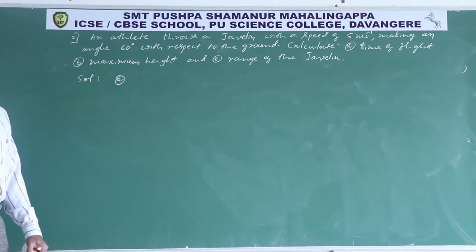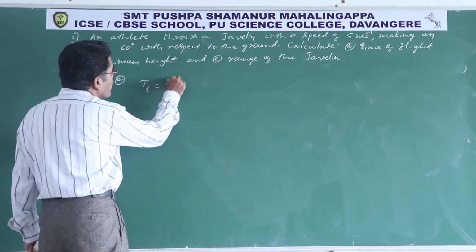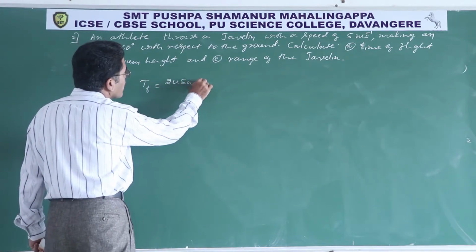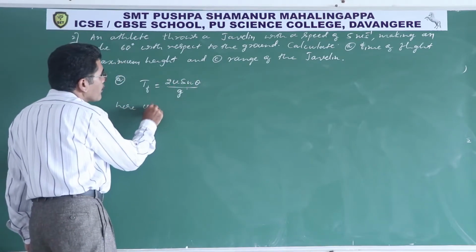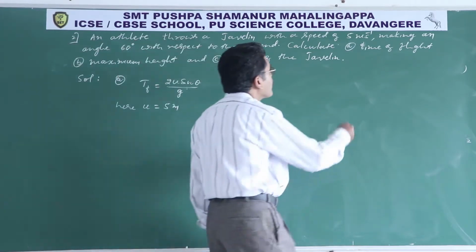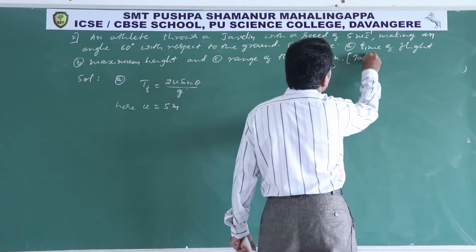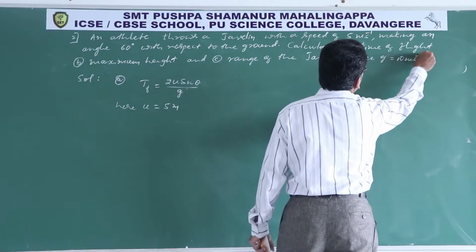First we shall find out the time of flight. Time of flight is given by 2u sin theta divided by g. Here u is equal to 5 meter per second, and here also take g is equal to 10 meter per second square.